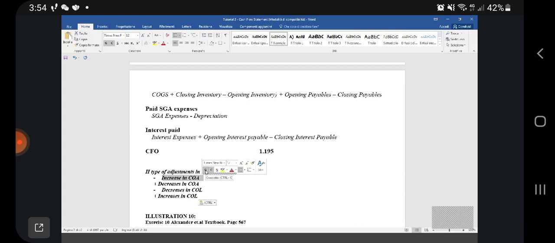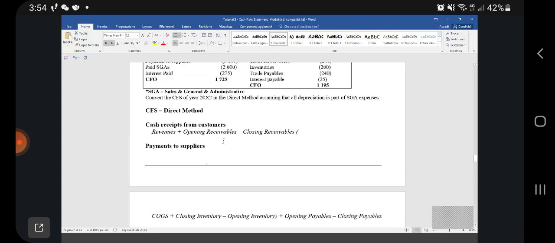Now, if it is an increase in assets, this means that the closing balance will be higher than the opening balance. So we have increased the assets. That means the closing balance will be higher than the opening balance, and therefore we deduct the value of 240.